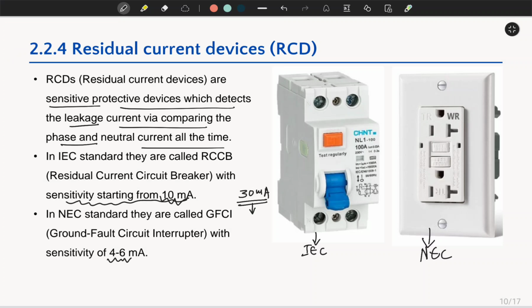This is why we generally take 30 milliampere. Now the basic principle of RCD: this is the live wire, this is my neutral wire. In a healthy case, the power will go to the load and come back, so this is how my circuit is completed. But in case of any leakage, what will happen?